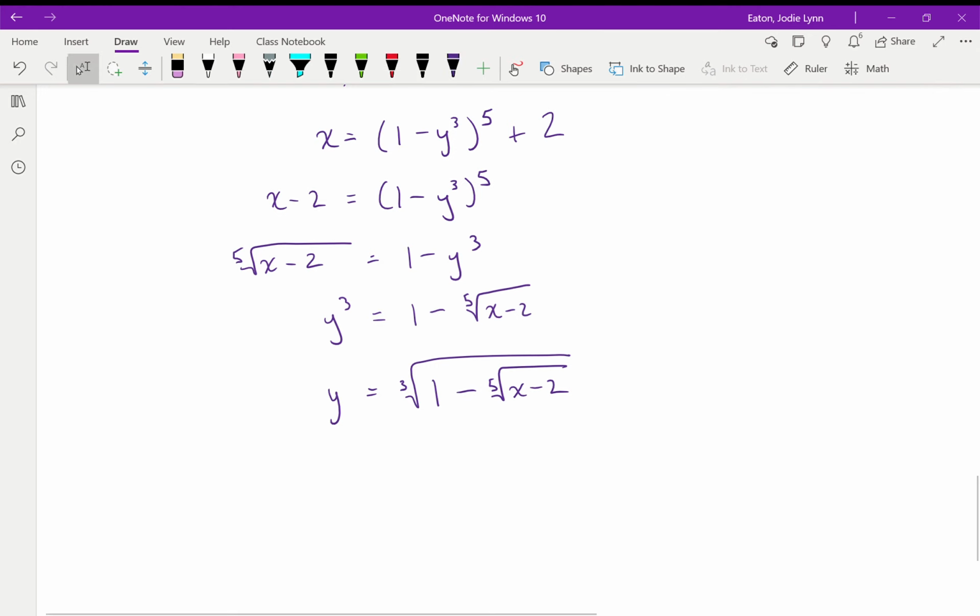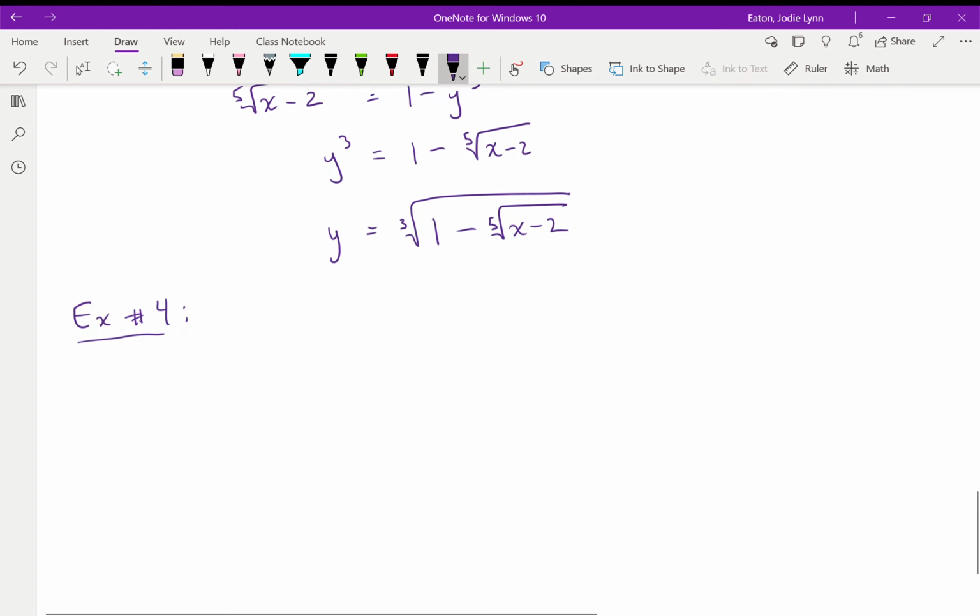Okay. The other way we can determine inverse functions of 1-to-1 functions is to reflect them over the line y equals x. So our last example, we are going to reflect a lovely function over the line y equals x.